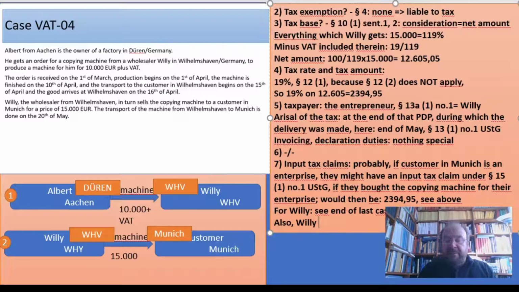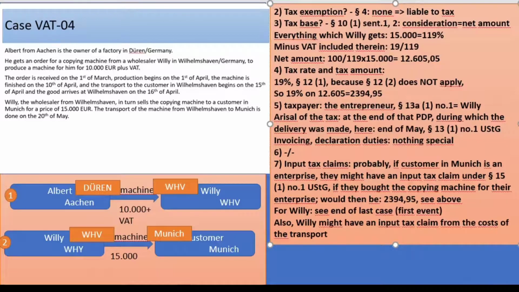Also, Willie might have input tax claim from the costs of the transport. Just to show you that, it's covered by my face here. There it is. So we are probably finished with that case too.